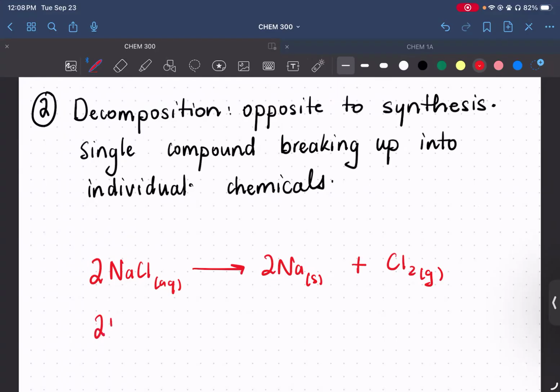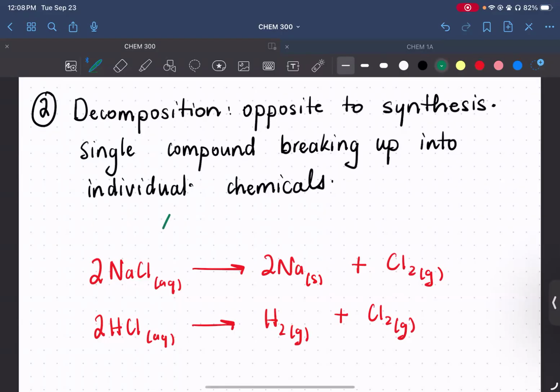Similarly, 2HCl, aqueous, breaks up into hydrogen gas and chlorine gas. Therefore, the generic representation can be seen as AX breaks up into A plus X.